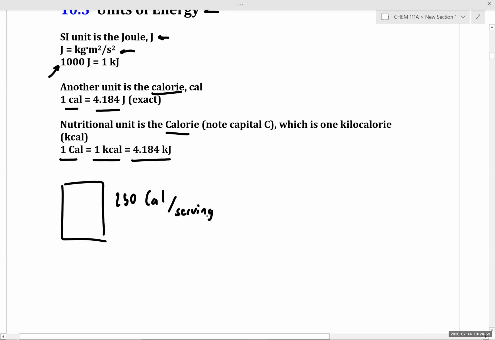what that is actually saying is that, well, if we have 250 Calories, we know that we have 4.184 kilojoules per capital C Calorie, and we know that we have 10 to the third joules per kilojoule.